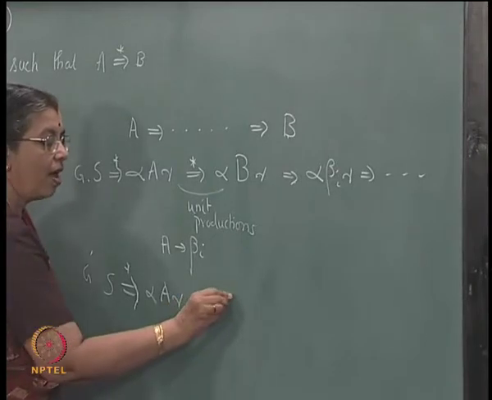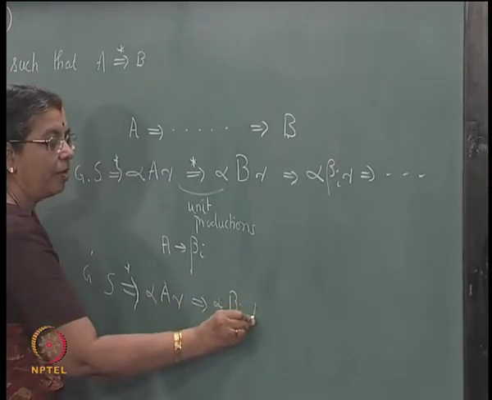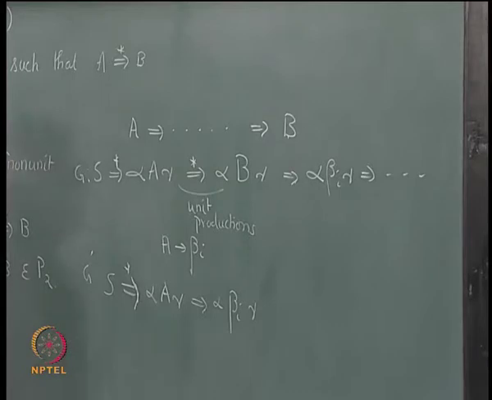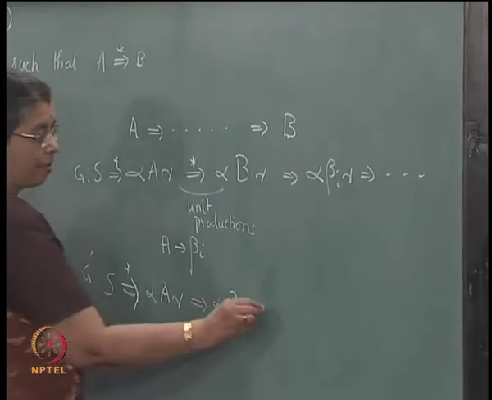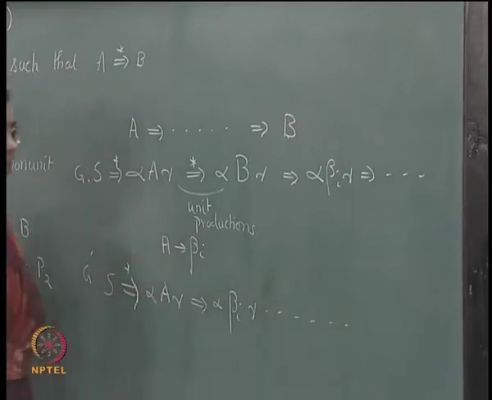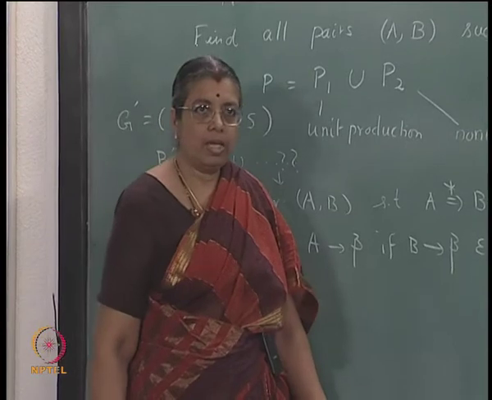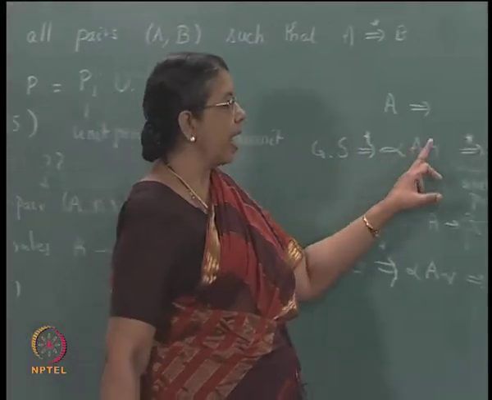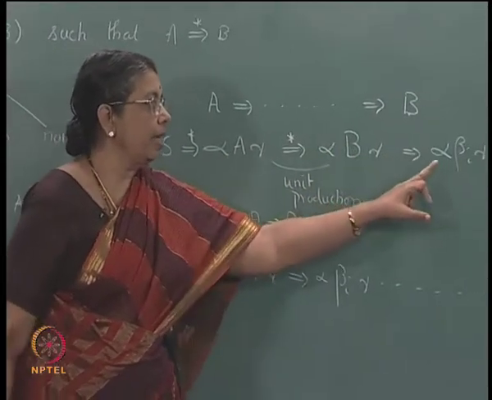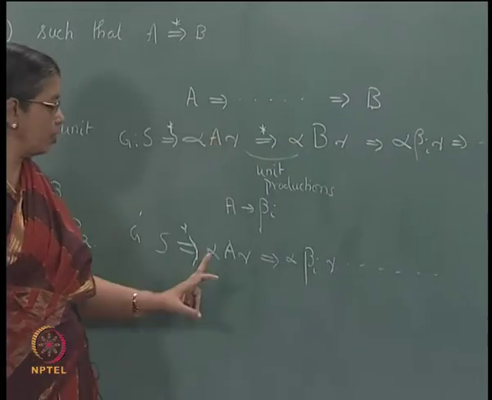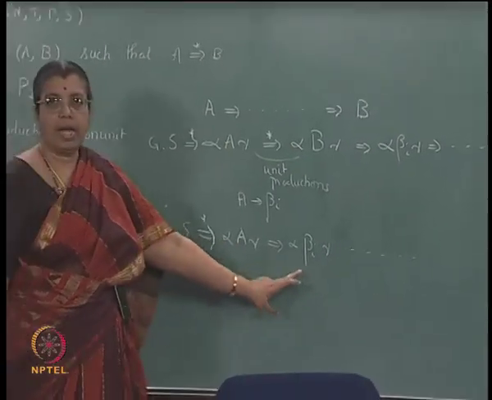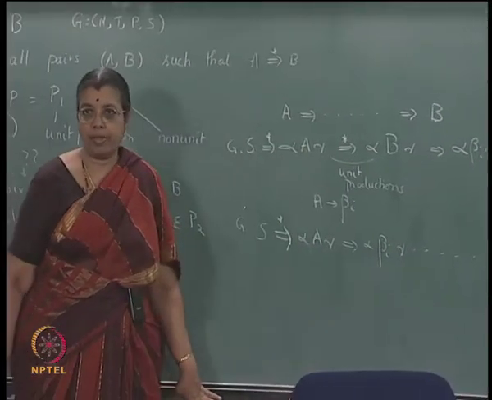So, alpha beta i gamma you get in one step. Then the derivation in G dash can proceed. So, the effect is the same. Instead of applying A derives B and then B derives beta i, straight away you are using the rule A goes to beta i and deriving this in one step.